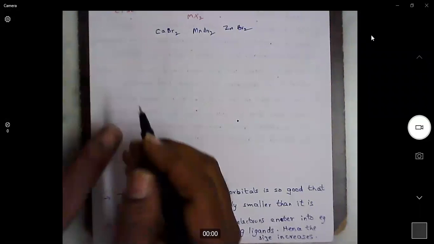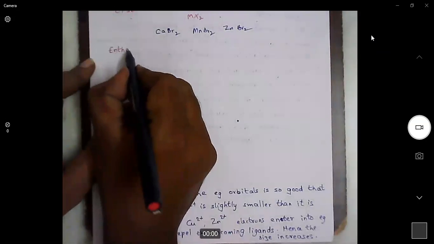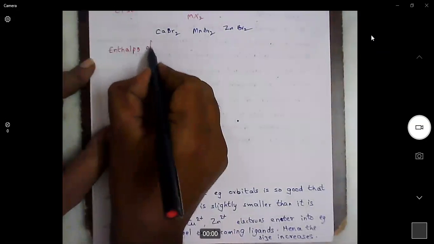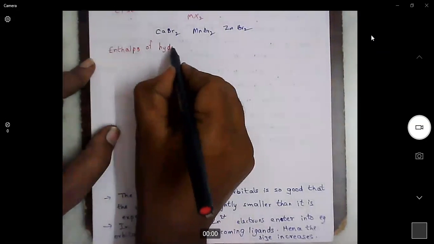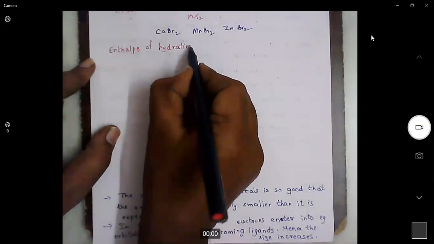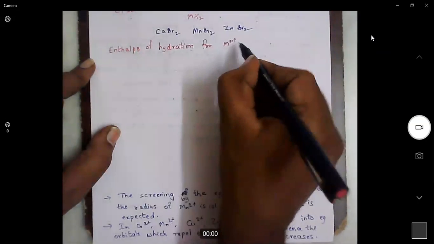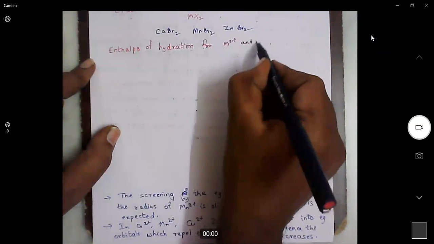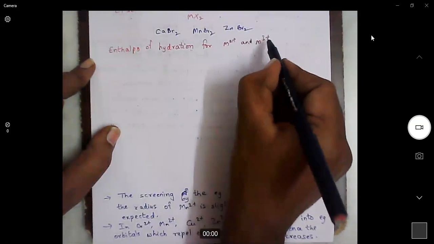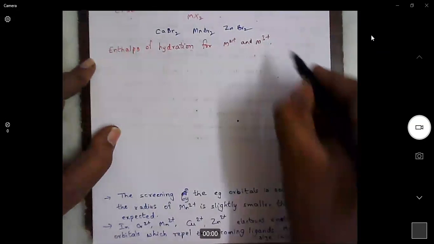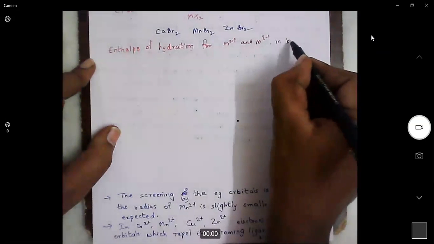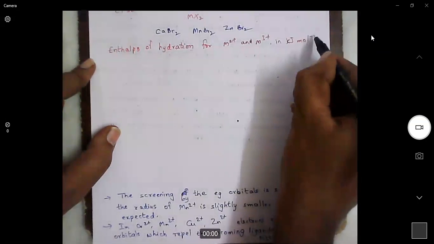Now we will look at the enthalpy of hydration for metal in 2 plus and metal in 3 plus oxidation state in kilojoules per mole.